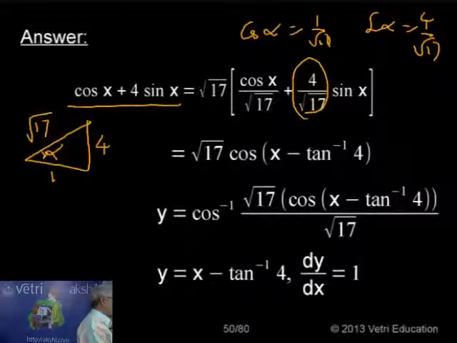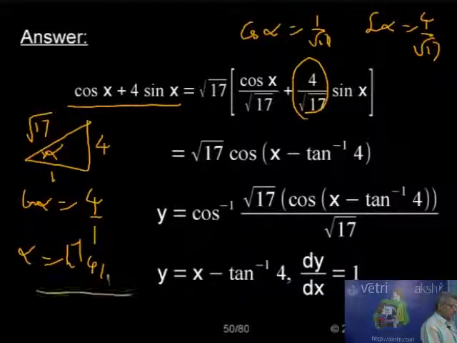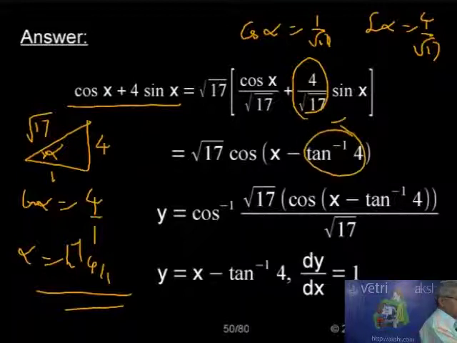Sorry, because tan alpha is 4 by 1, alpha is tan inverse 4. So this is cos of x minus alpha, where alpha is a fixed constant.